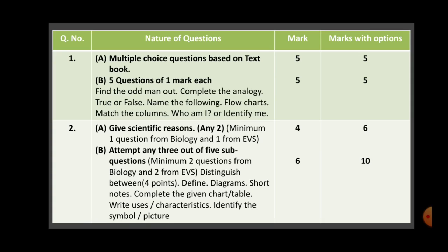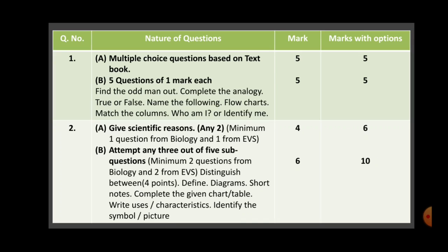So here no choice, 5 questions will be there and you have to answer all these 5 questions, and as I have explained just now, you have to write the alphabet, which is very, very important, then only you will get the marks.